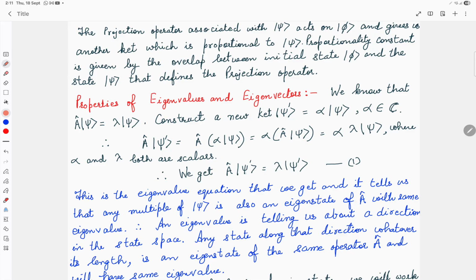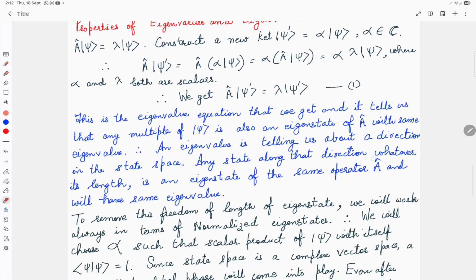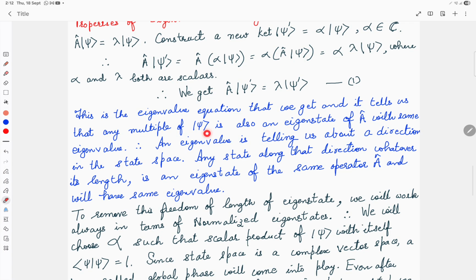So the new state is ket psi dash, but the important point to remember here is that the eigenvalue remains the same. This tells us that any multiple of ket psi is also an eigenstate of A with the same eigenvalue.